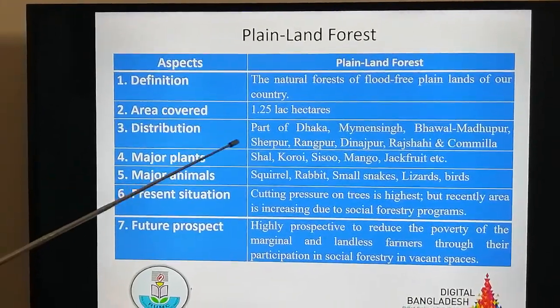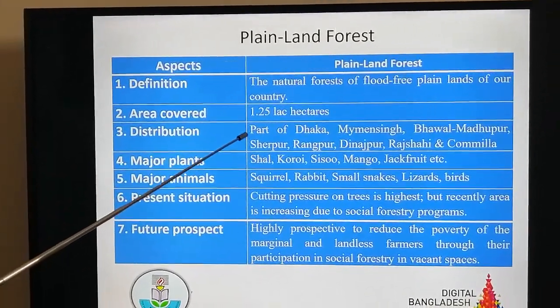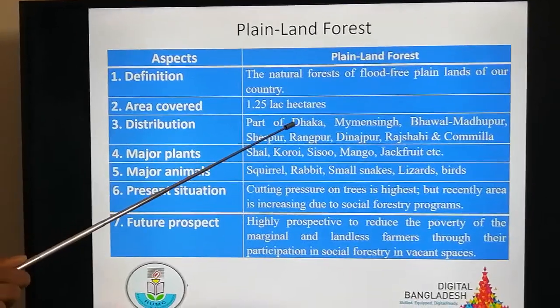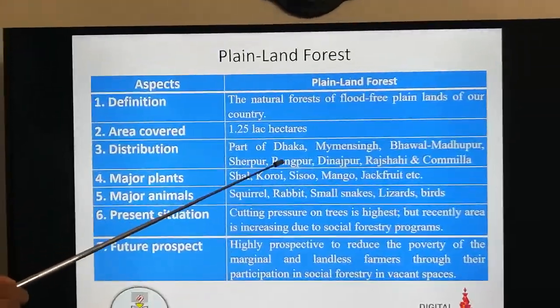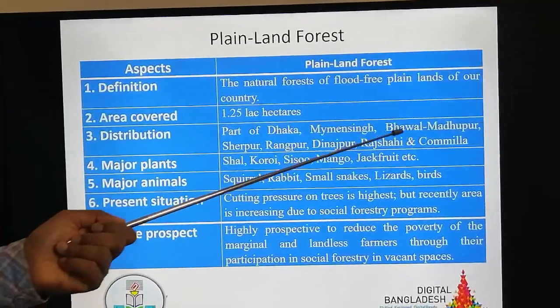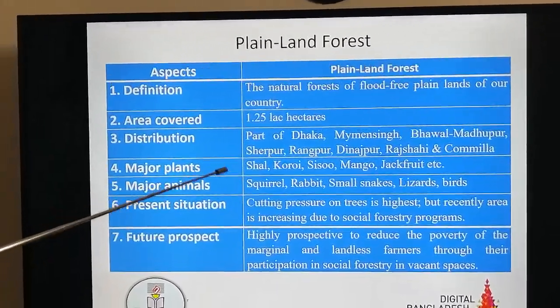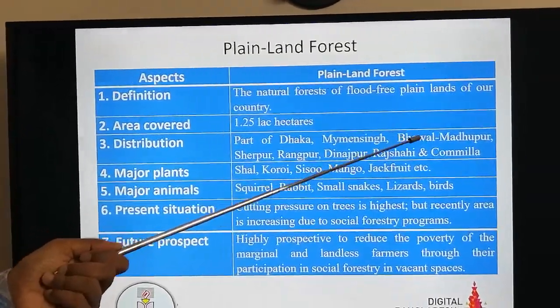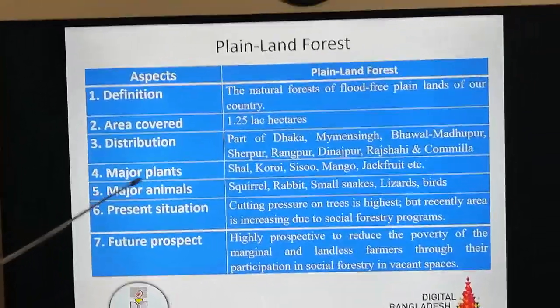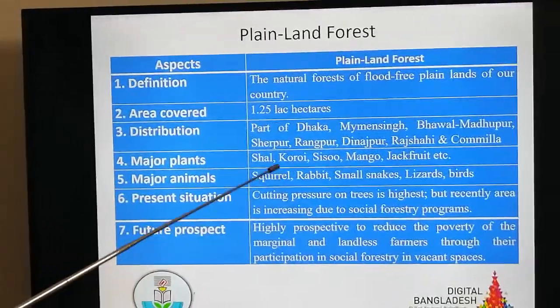What is the distribution of plainland forest? Part of Dhaka that is very near to Gazipur, Mymensingh, Bhawal, Madhupur, Sherpur, Rangpur, Dinajpur, Rajshahi and Comilla. What major plants are there?